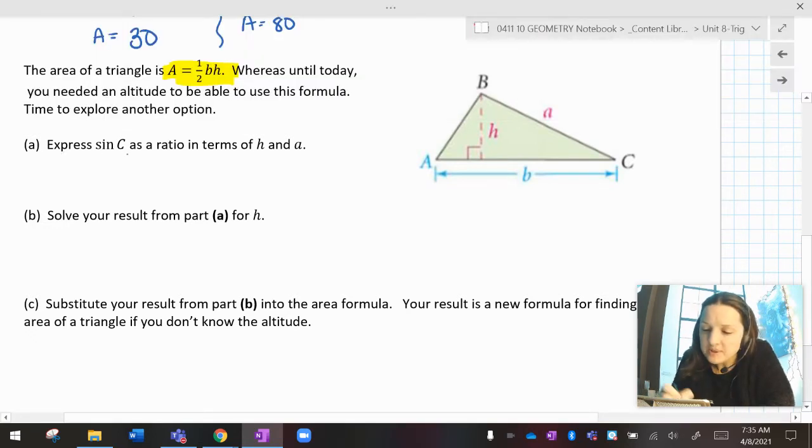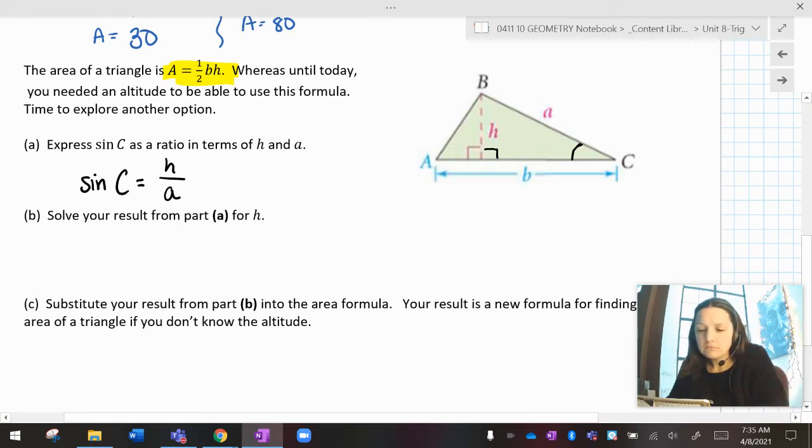It says express sine C as a ratio in terms of H and A. Okay, well, C is right here. And the sine of C, well, sine would be opposite over hypotenuse. So in the right triangle that includes C, the opposite is H and the hypotenuse is A.